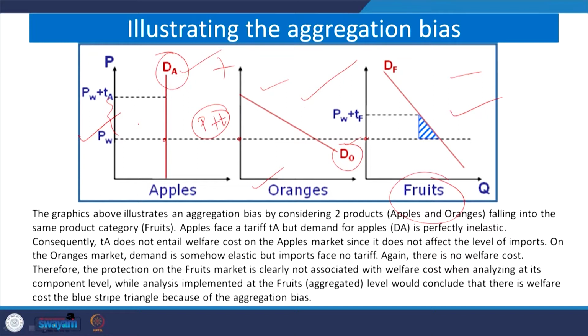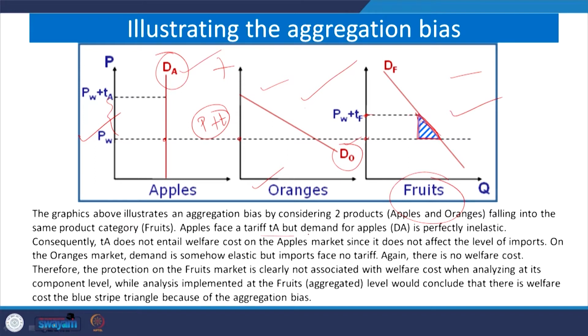So what really happens when the tariff increases is that consumption is not demotivated in that market, but the aggregate price rises in the aggregate market by the tariff, so aggregate prices increase. That reduces welfare to a certain extent in the fruit market.